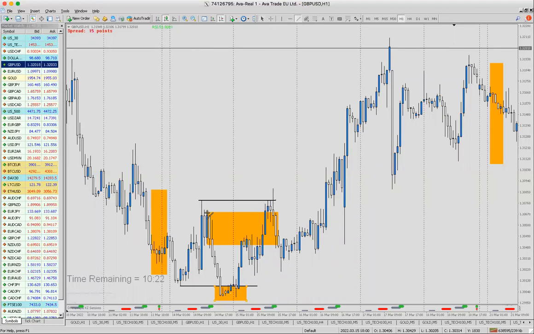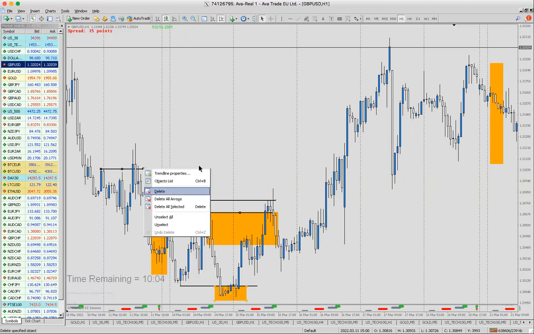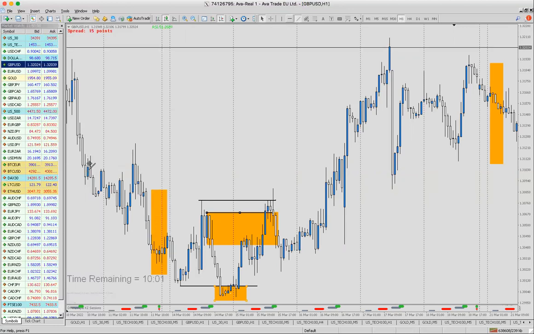And it's best to see a close over the 1 hour break of structure, or any time frame you're looking at, really. But it's best to see a close because it's a stronger break of structure. Sometimes it can just wick break and then not become a break type of thing. Like for instance, this one here, this is a failed order block.